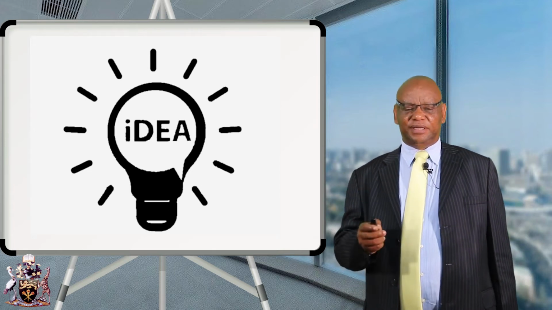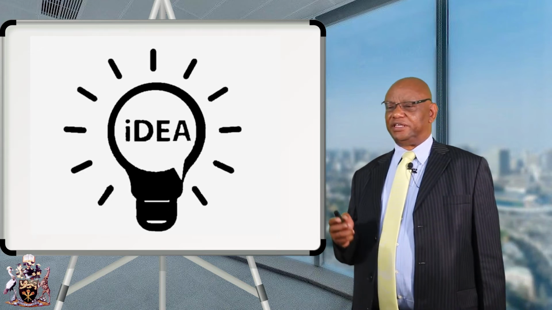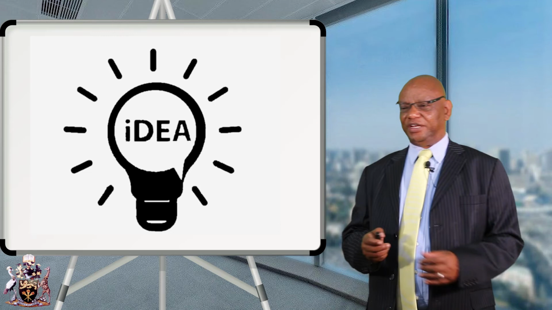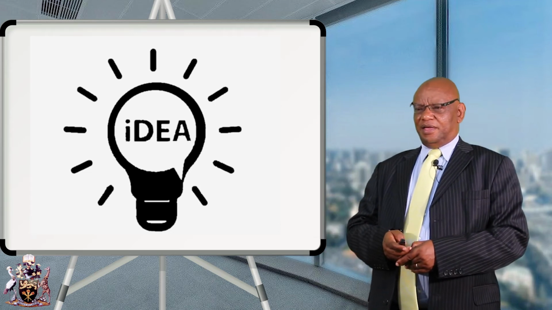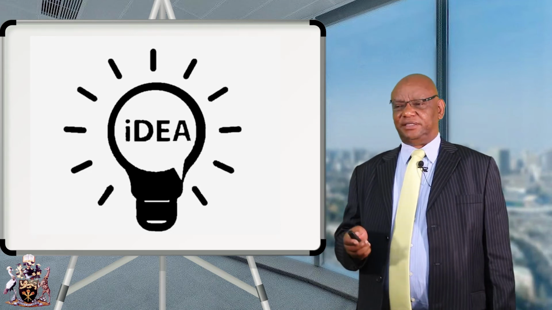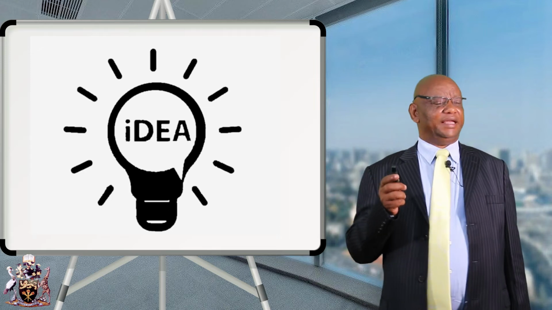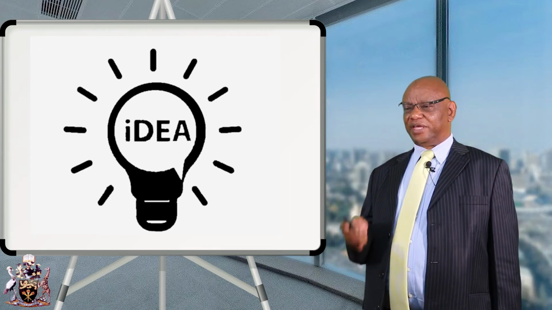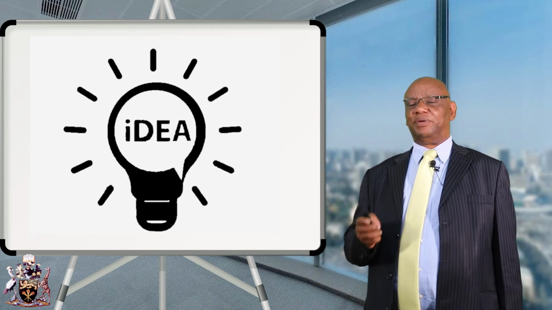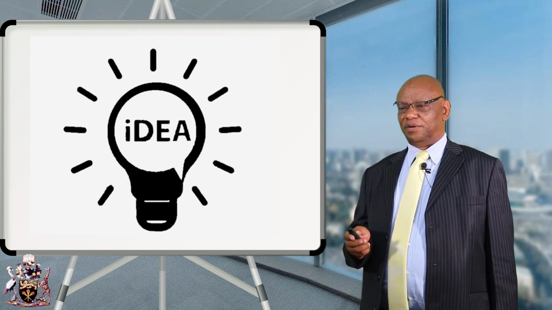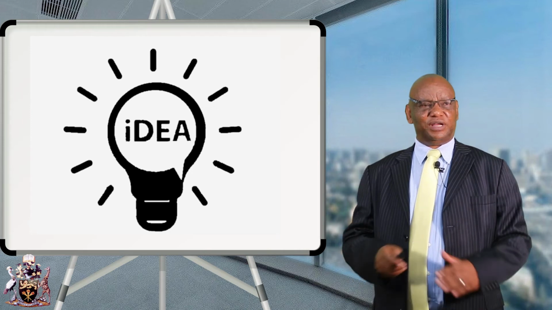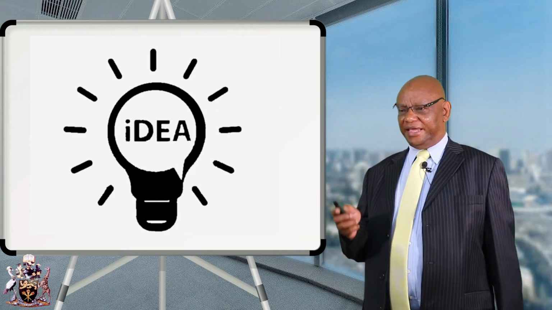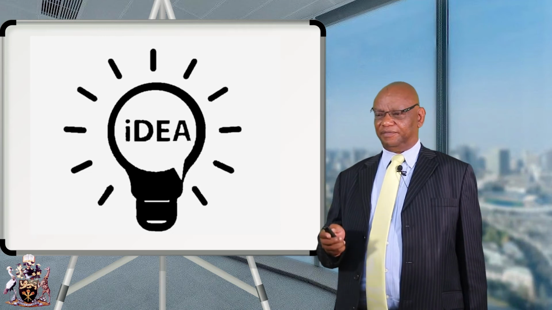And this idea might be a problem you want to solve in the community, or in any environment you find yourself. When you have defined your idea or the problem you want to study, then you must locate where that problem rests, in which scope, either geographical scope or in whichever environment that idea must be located.